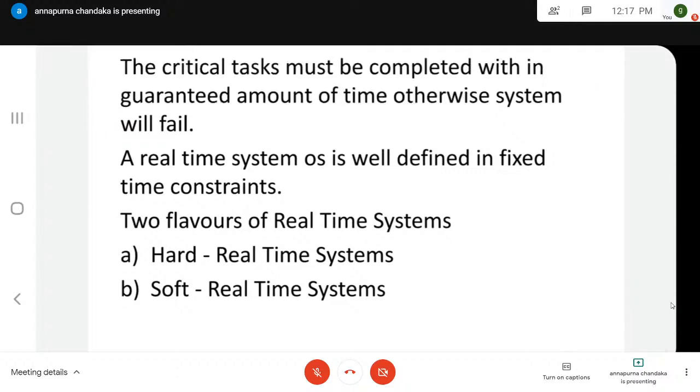What is a soft real-time system? In a soft real-time system, each and every job, while submitting to the operating system, specifies two things. Number one, how much time is required to complete the job, and what is its deadline.